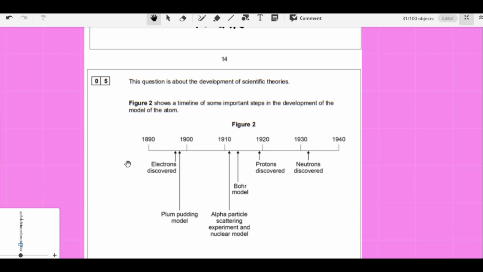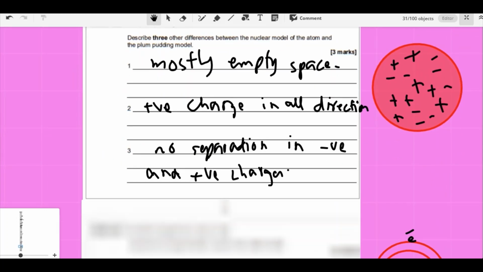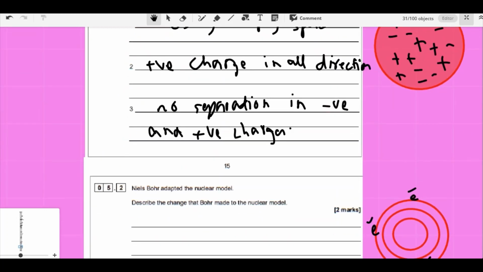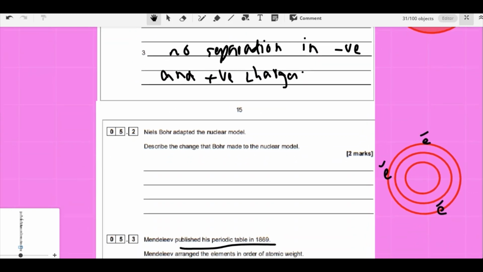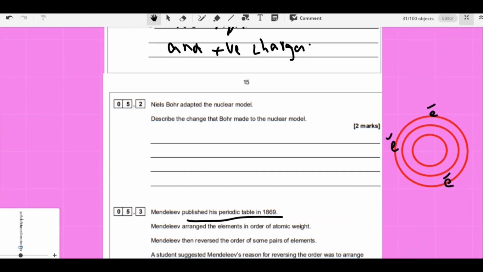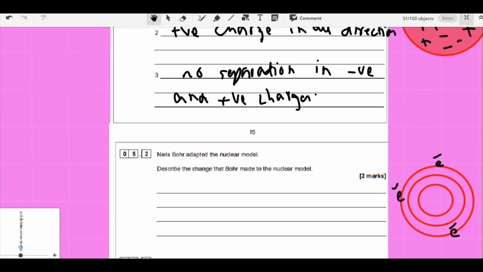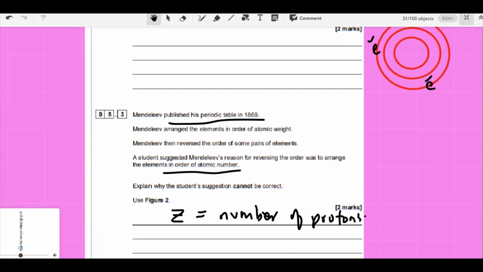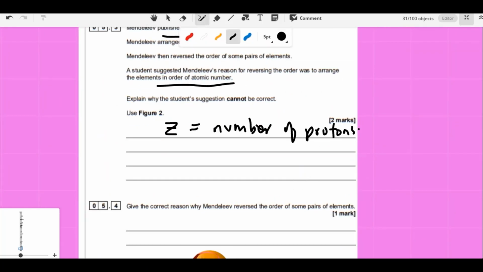So it means that here you can write that protons were not discovered until later.